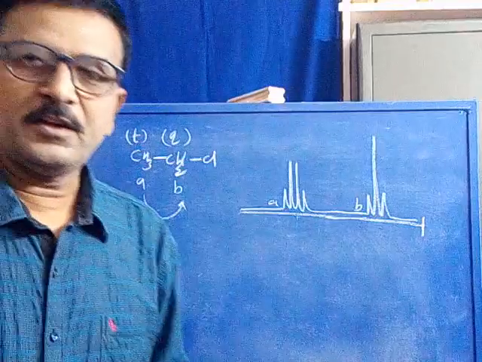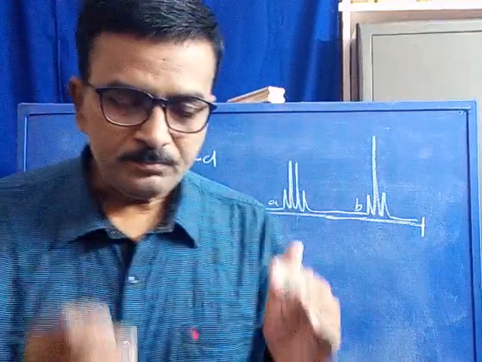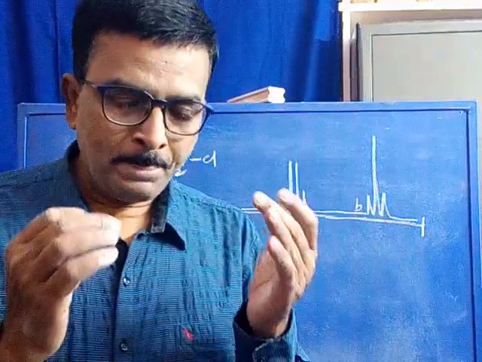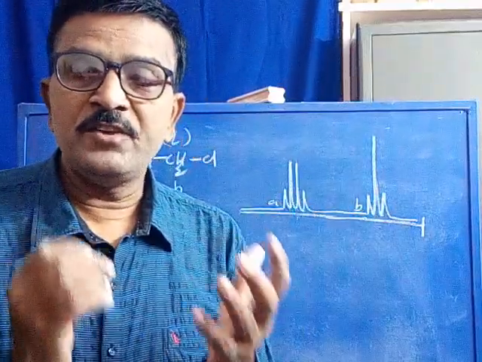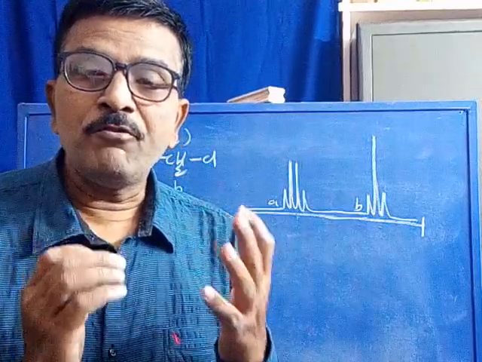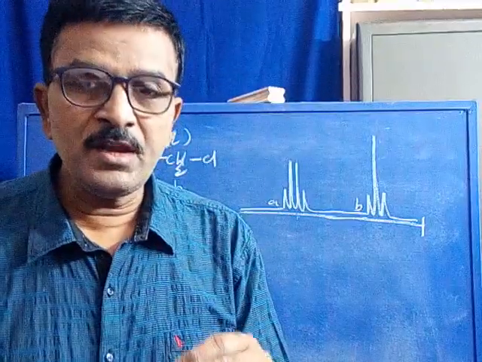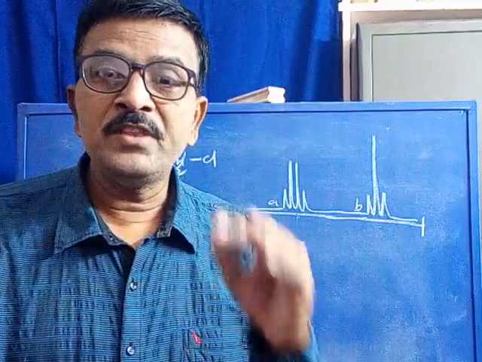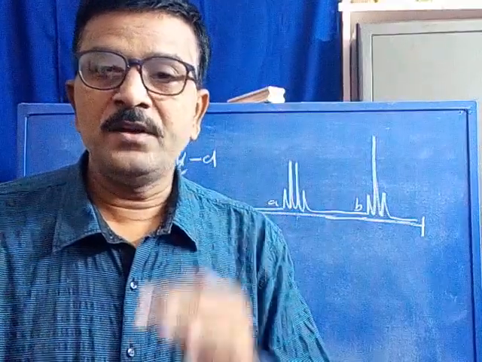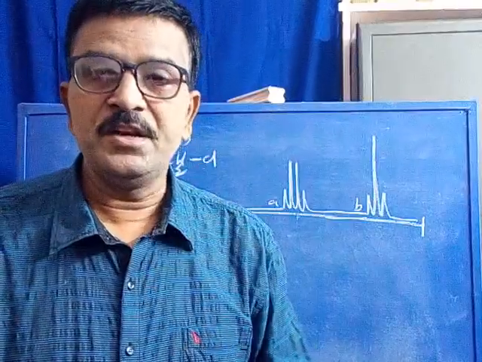So this is the spectrum which we observe. This is one signal, this is the second signal. The frequency difference between any two lines within one multiplet signal is always constant. This constant distance is called the coupling constant.